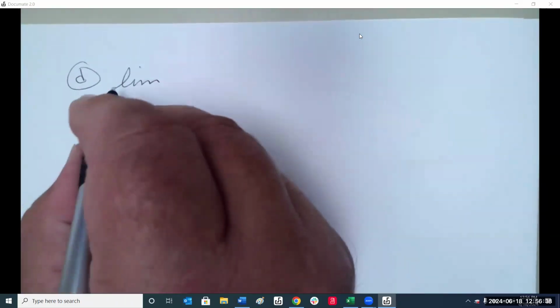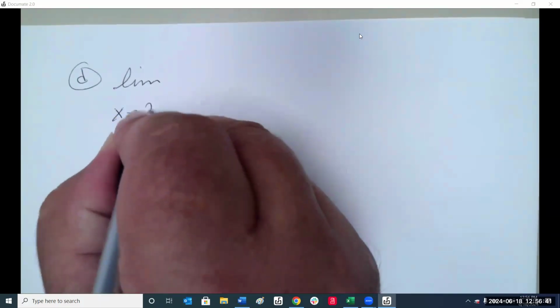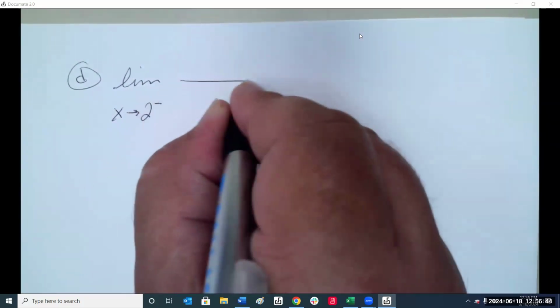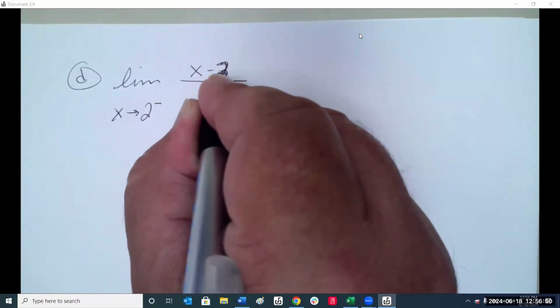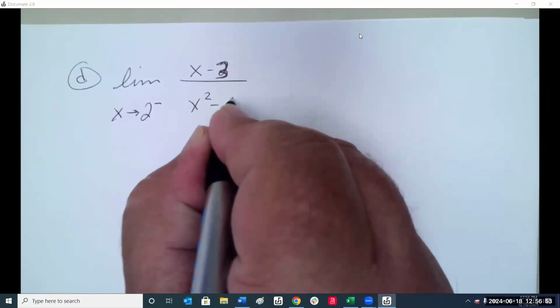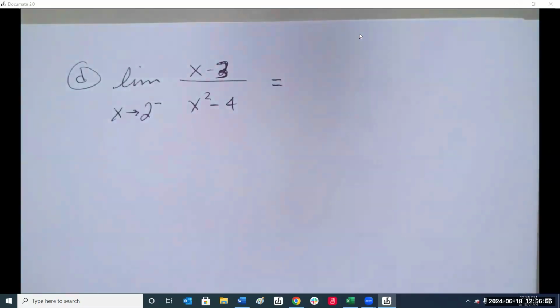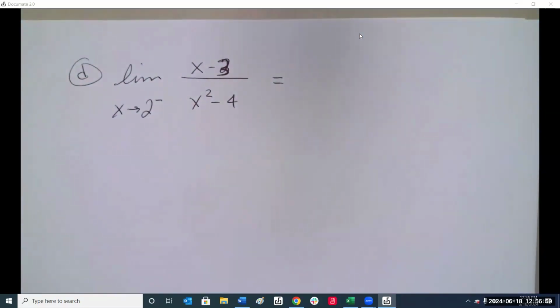D, limit as x approaches 2 from the left of the same equation. So what's this one going to do?